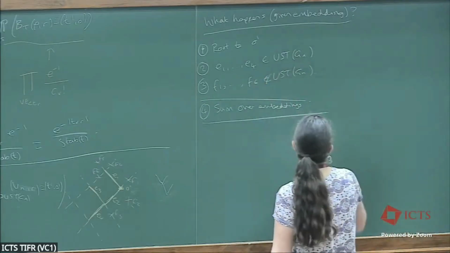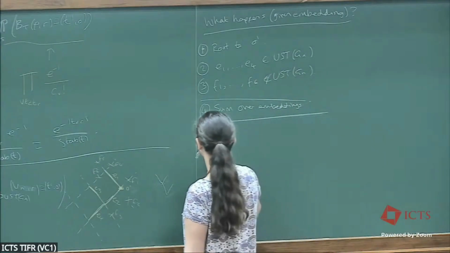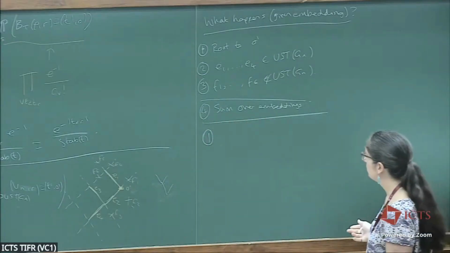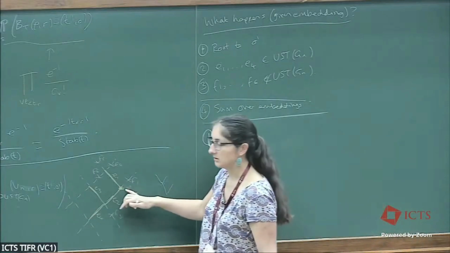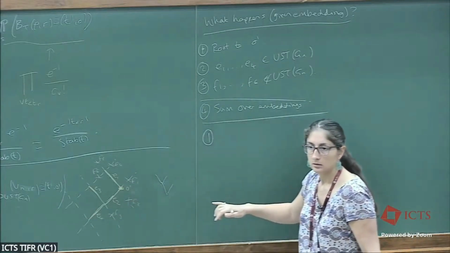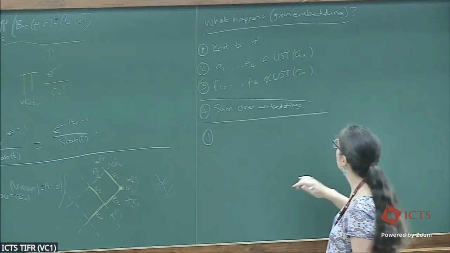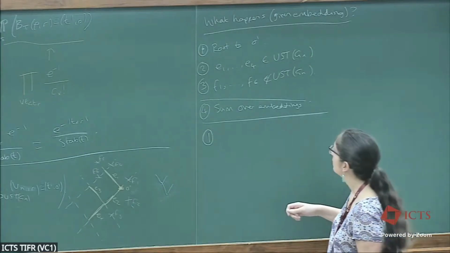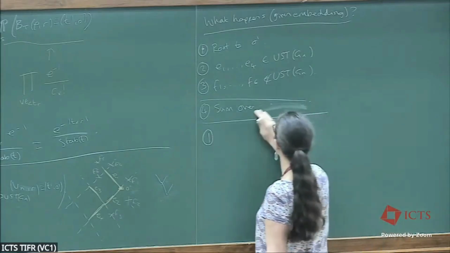Okay, so what do we know? Step 1, easy. I'm picking a uniform root. So what's the probability that it's really this given vertex?